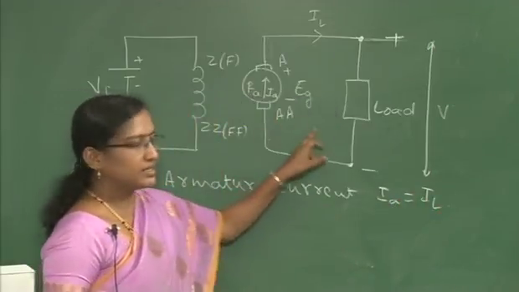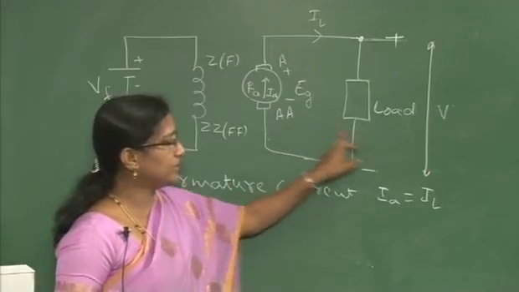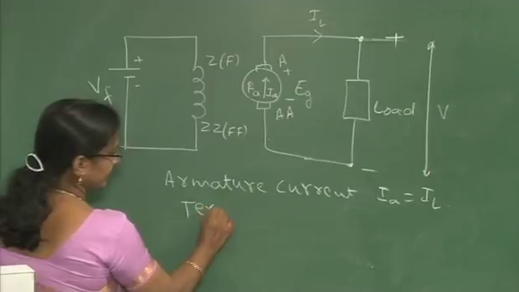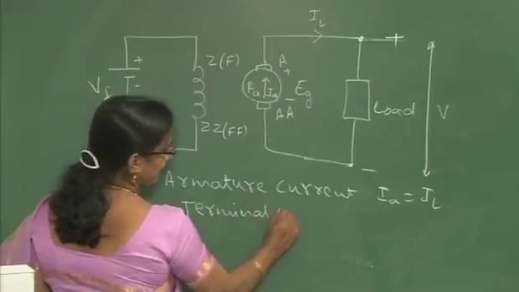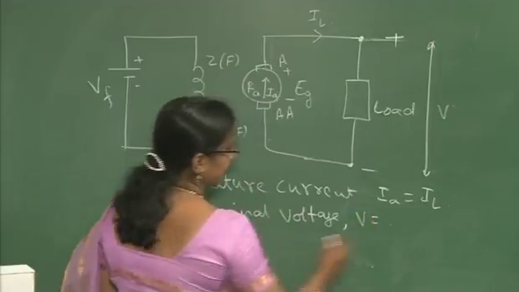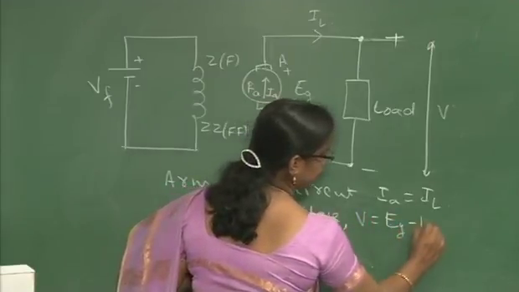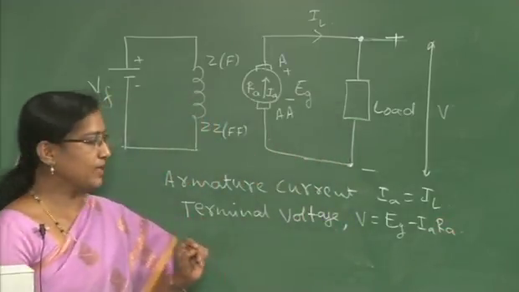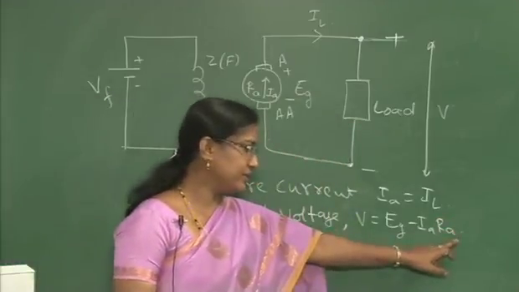And then I already explained to you how exactly you have to get this V. So, now the terminal voltage equation, that is V is equal to Eg minus IaRa if you are neglecting the brush drop and the armature reaction drop.